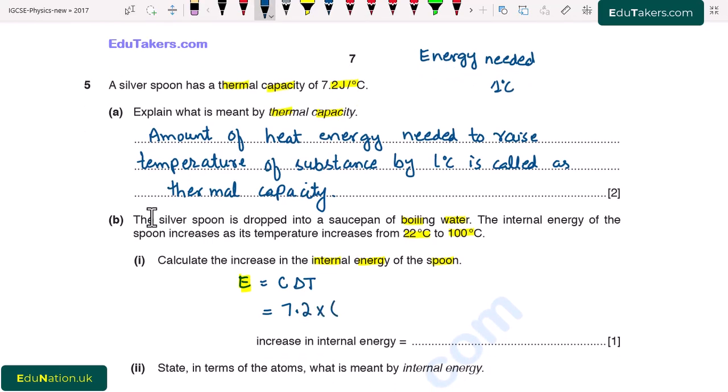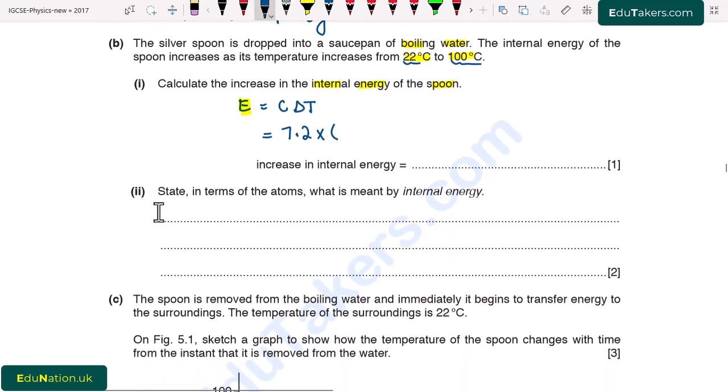First of all, initial temperature is 22 degrees C and final temperature is 100 degrees C. So the change in temperature is 100 minus 22. So the increase in internal energy comes to be 561.6 joule. So it is the value of the increase in internal energy. I write here 561.6 joule.